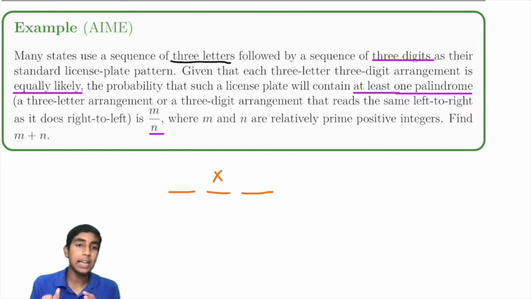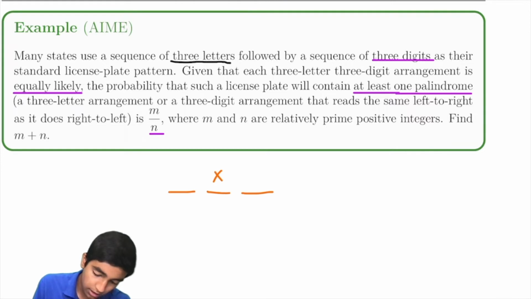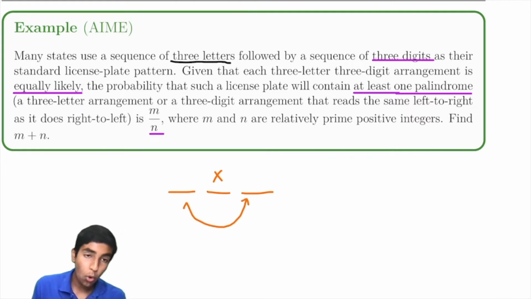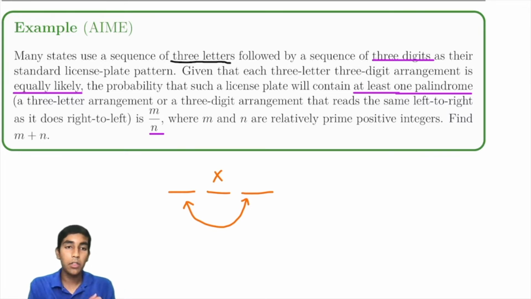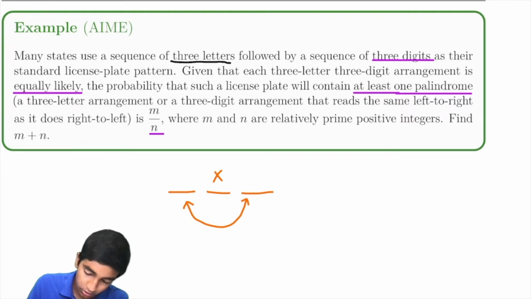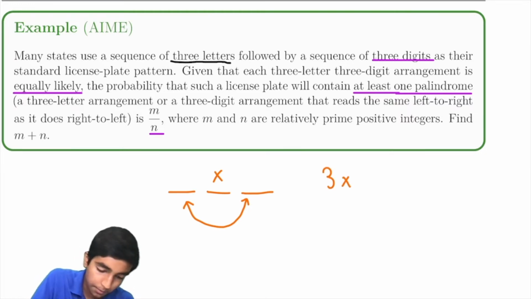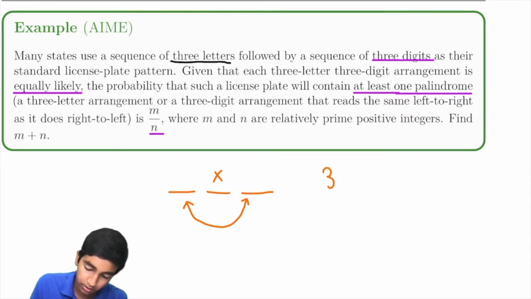Basically, what it means is that the first digit is equal to the third digit. So when you swap them, the third digit becomes the first digit. So for example, 363 will stay 363 because the digits are equal.